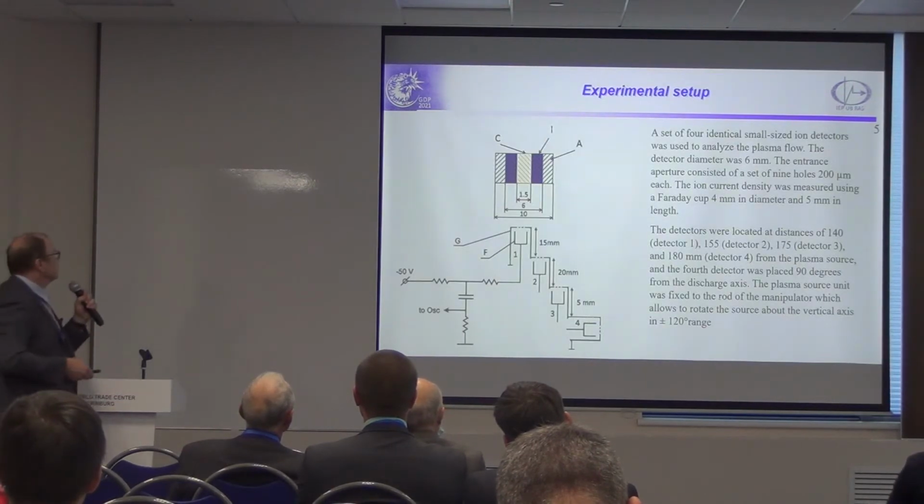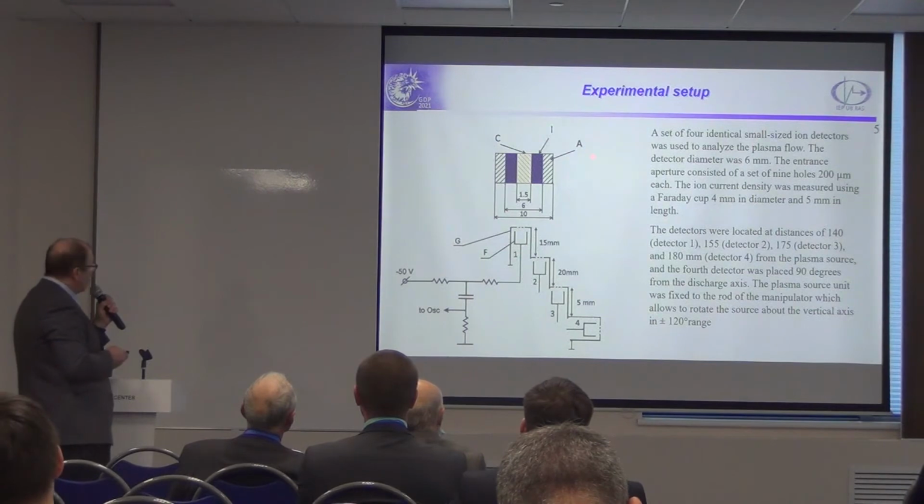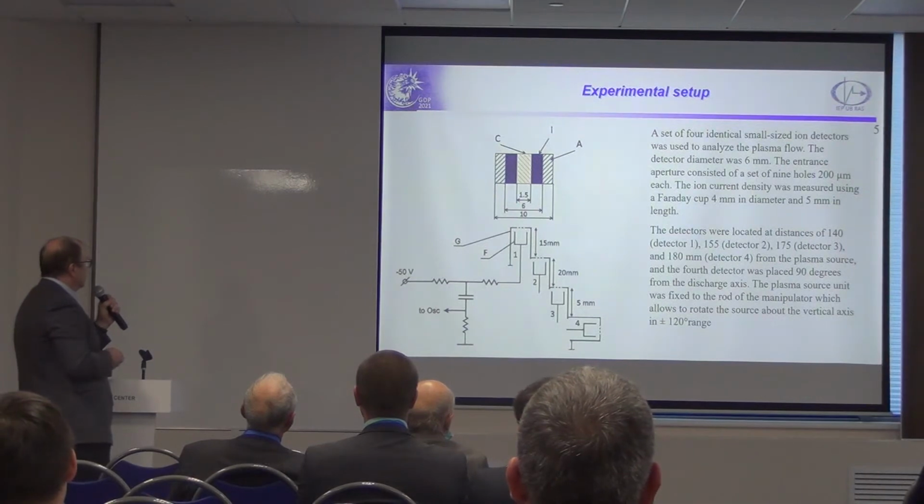Experimental setup. This picture shows the plasma source and the set of small-sized ion detectors. A set of 4 identical small-sized ion detectors was used to analyze the plasma flow.